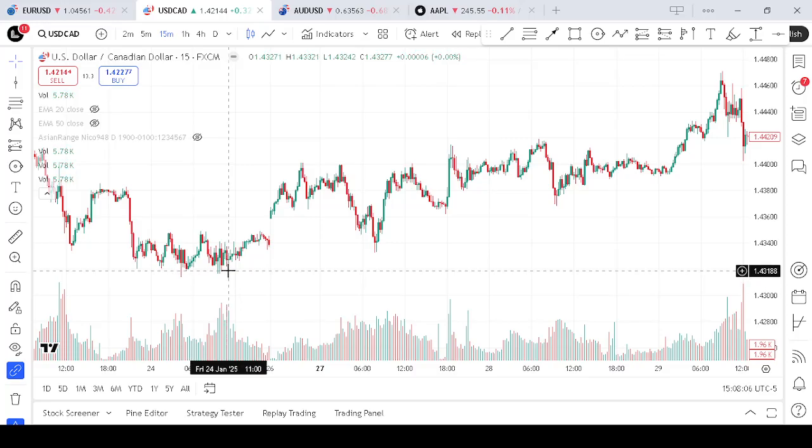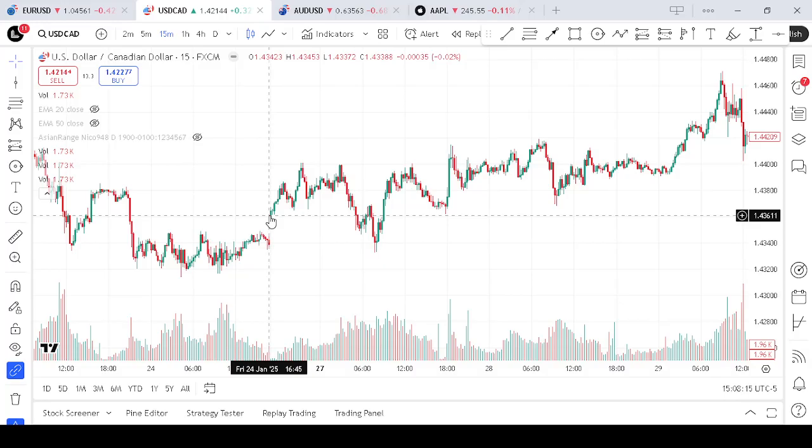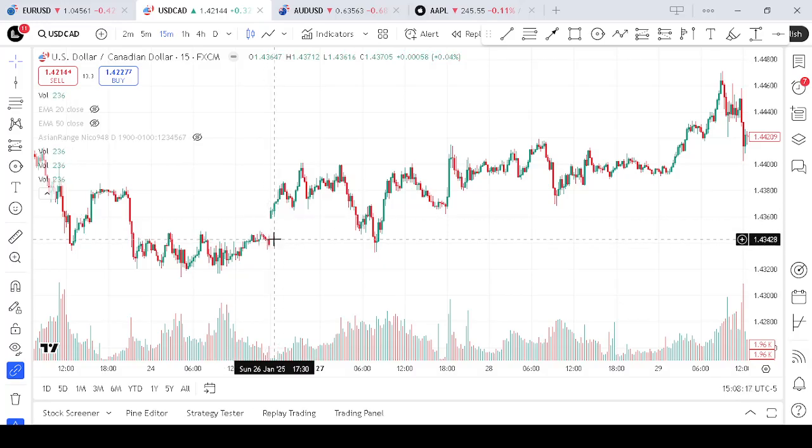Now, the bullish gap occurs when markets open at a higher price than the previous day's close, as you can see, leaving a gap on the chart.